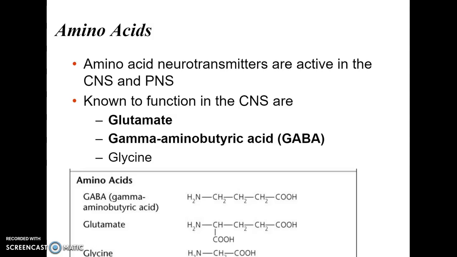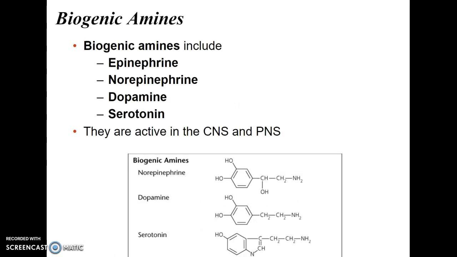So all are known to affect the CNS and the PNS, but the major ones in the CNS are glutamate and GABA. We could have biogenic amines. You probably know some of these, like epinephrine and norepinephrine, or the adrenalins, and some of the important ones for mood and modulation of neurotransmission, like dopamine and serotonin.